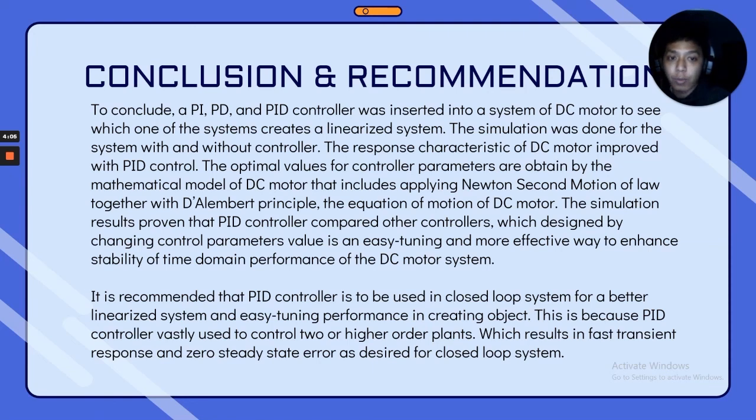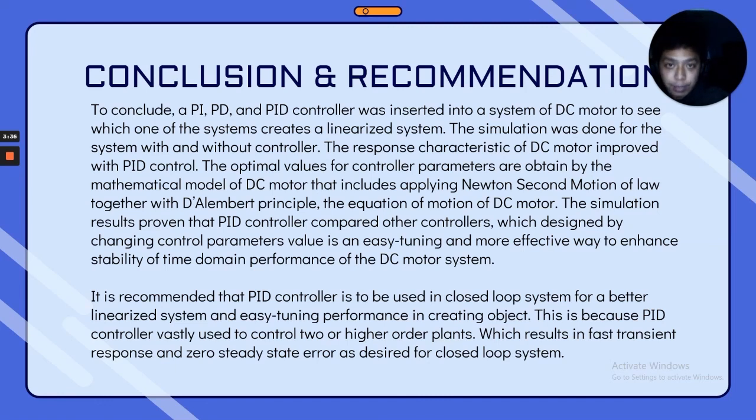From the equation of motion of the DC motor, the simulation result proved that the PID controller, compared to other controllers, designed by changing controller parameter values, is an easy tuning and more effective way to enhance the stability of the time domain performance of the DC motor system.